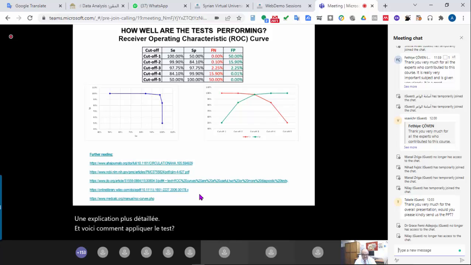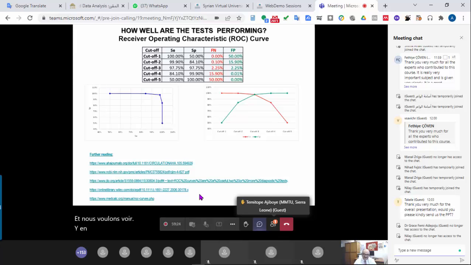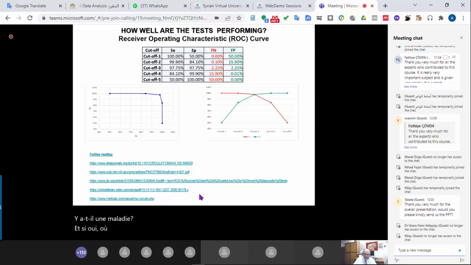So if we have an unknown situation in the region or a country or a continent, and we want to see, is there a disease, and if yes, where is the disease located, in which areas or sub-areas or municipalities, then it is reasonable to go with high specificity and lower sensitivity.